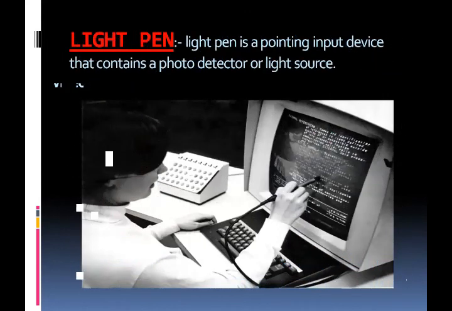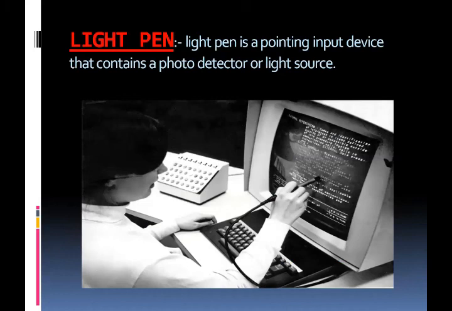Next is light pen. Light pen is a pointing input device that contains a photo detector or light source and allows interaction with the computer through a specially designed monitor display screen. It is usually used for engineering design. A light pen is 3.5 inches long and 0.5 inches in diameter.